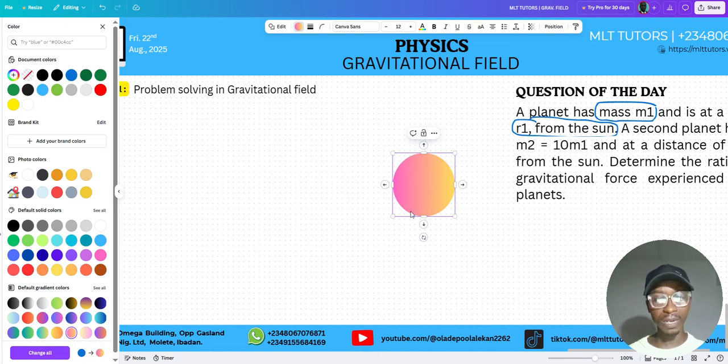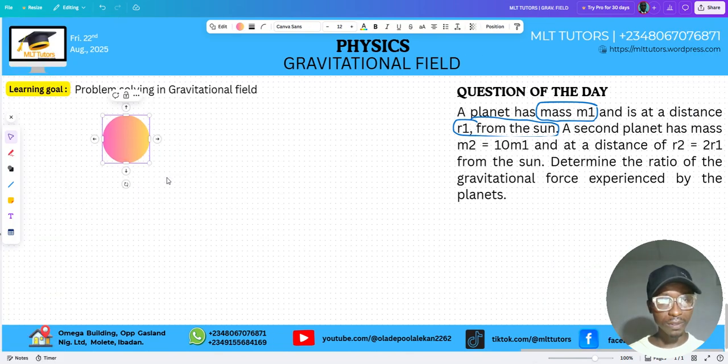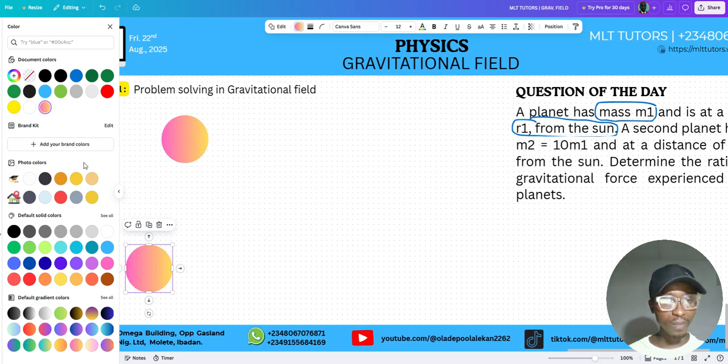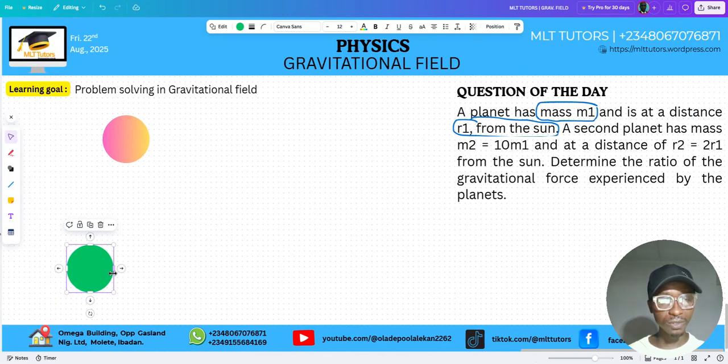I think this looks like a Sun. All right, that's cool. Then let's use it to produce the second planet. Let's change the color. Let's assume this is our own planet Earth. Let's give it maybe green color.